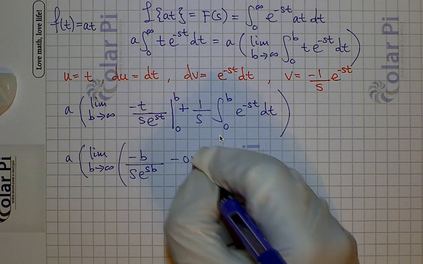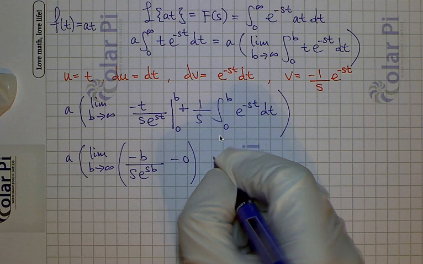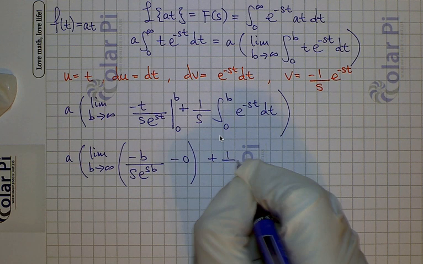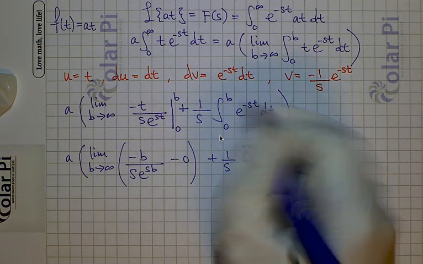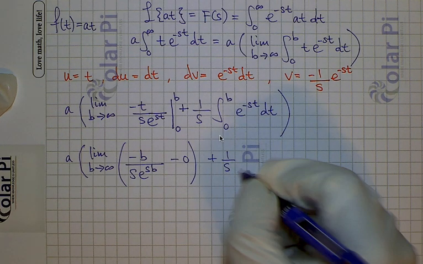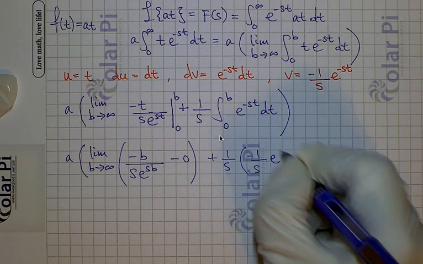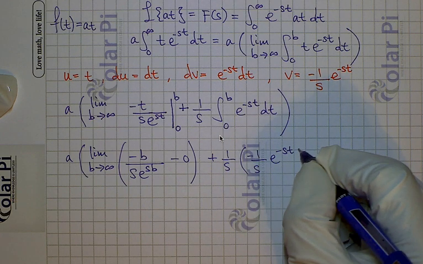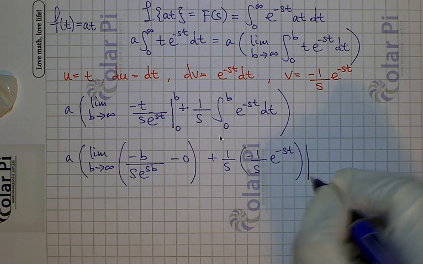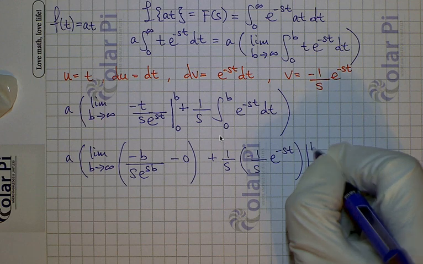And then plus 1 over s times the antiderivative here, which is negative 1 over s e to the negative st, evaluated at 0 and b.